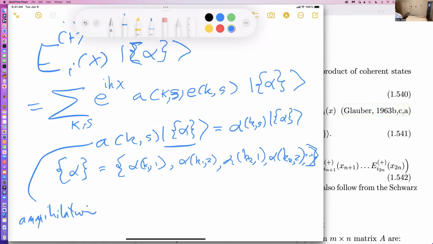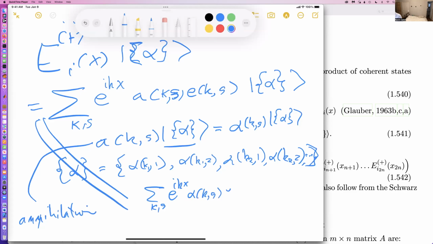Since the coherent state is an eigenstate of A, this thing is equal to the sum over k and s, e to the I kx, alpha of k and s, E polarization vector k and s times this state alpha.